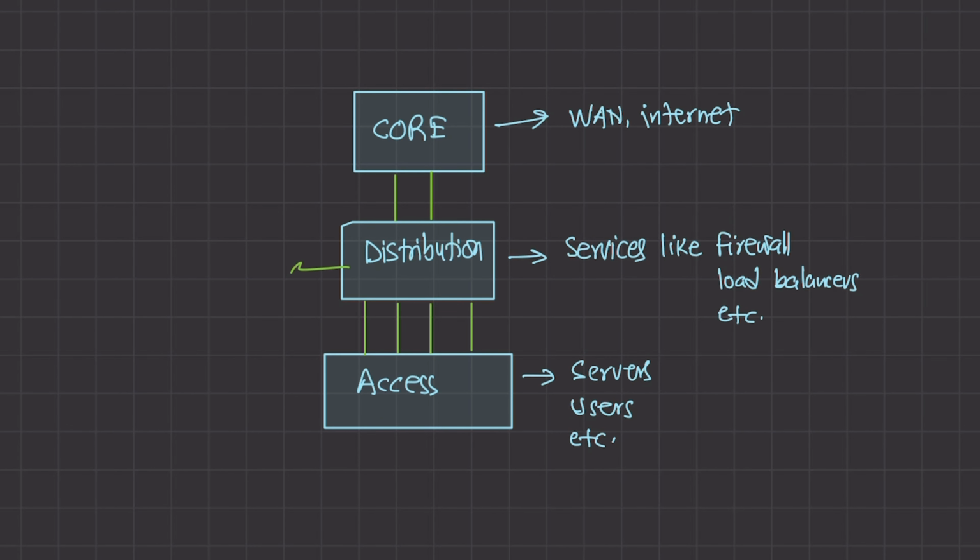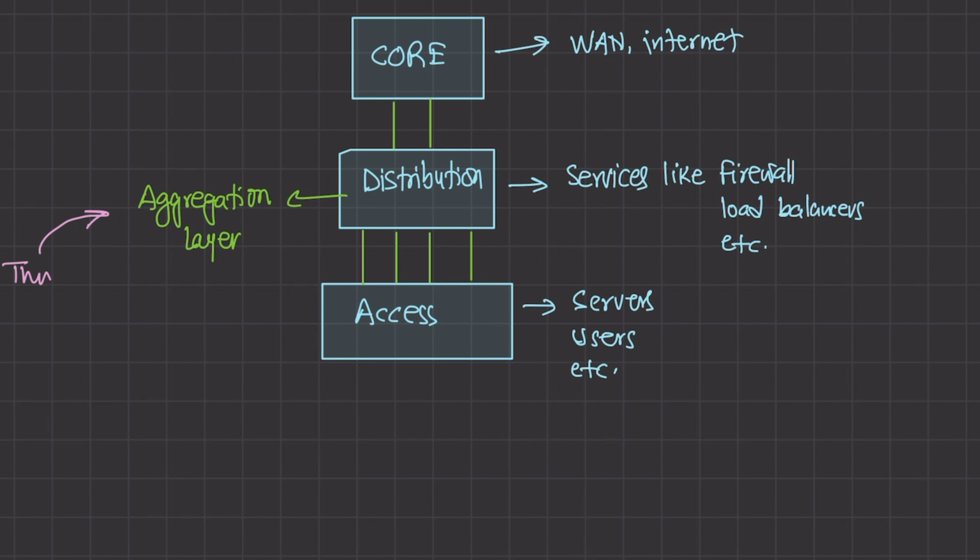So this is a typical three-tier architecture. Now the aggregation layer is a common place for users, servers, or IT management services, file servers, Active Directory, proxy, DMZ. So the middle layer, the aggregation layer, becomes a common factor.